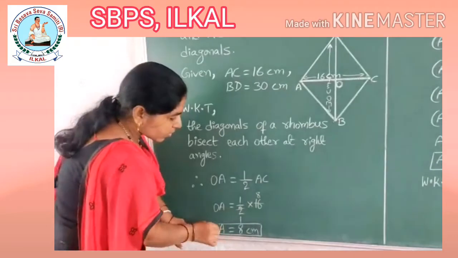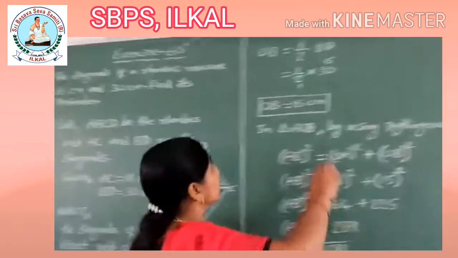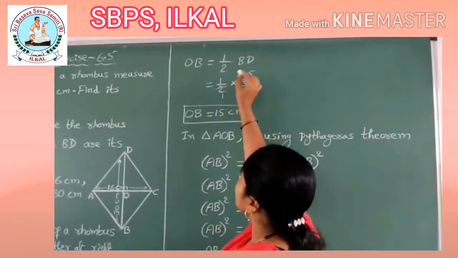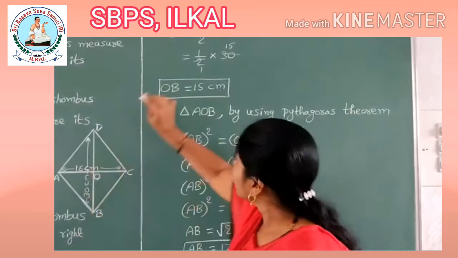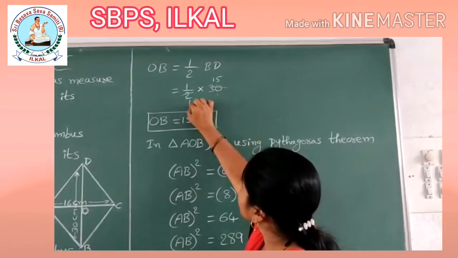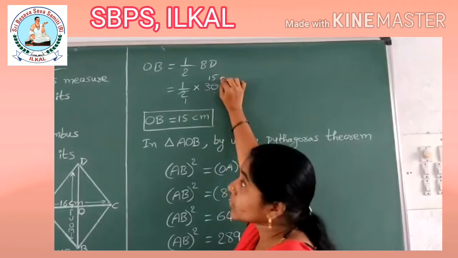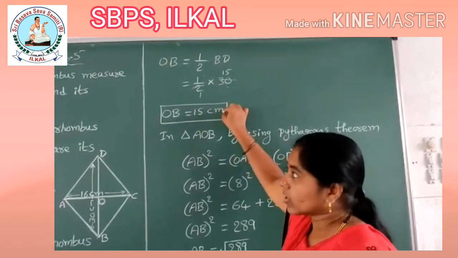If you strike out, OA is equal to 8 centimeters. Then OB is equal to half of BD, half into 30. 2 ones are 2, 2 fifteens are 30. Then OB is equal to 15 centimeter.